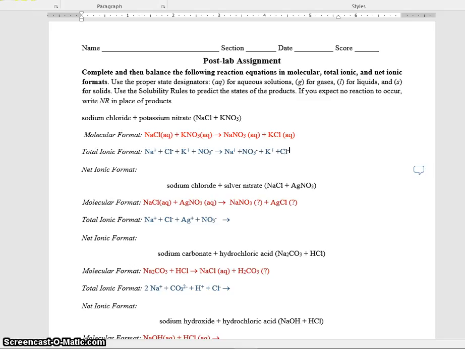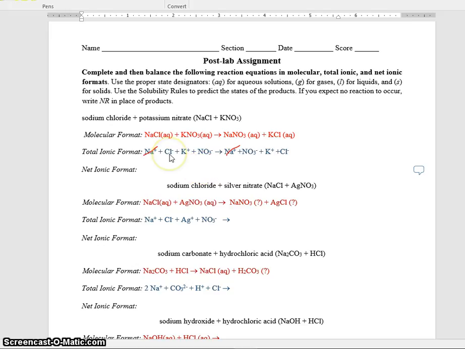minus. Okay, so when we go to write our net ionic equation, we're going to cross out anything from up here that is the same on both sides. So let's take a look at that. Over on this side we have sodium, and this side we have sodium, so we can cross those out.